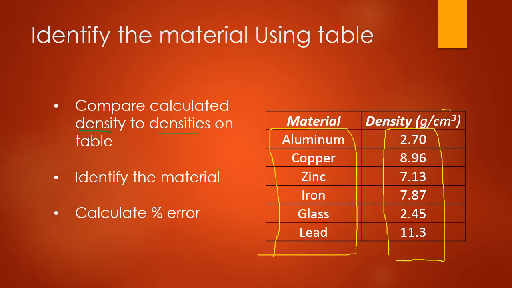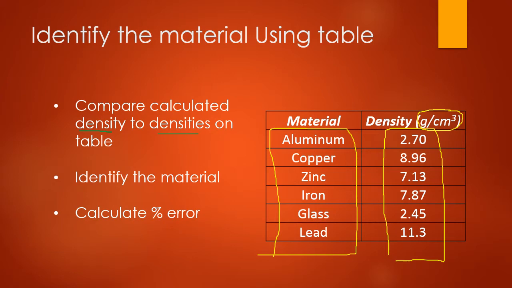All densities are measured in grams per centimeter cubed, just like you measured it in on the previous slide. You're going to pick what the cube is made out of based off of what density matches most closely with yours. They're not going to be exact, but they will be close if you did the measurement on that ruler correctly.